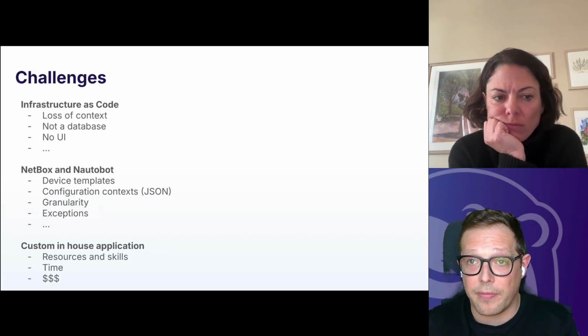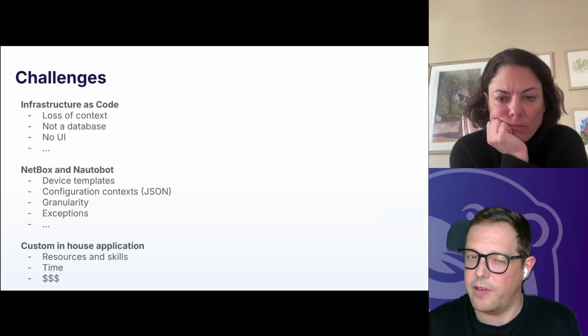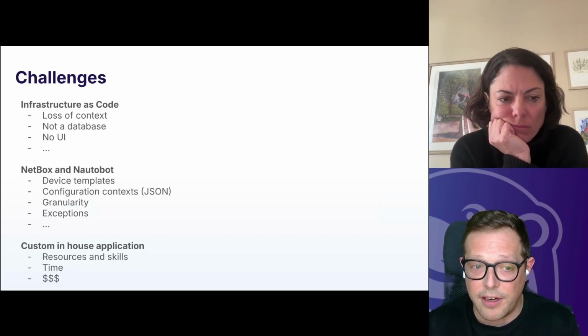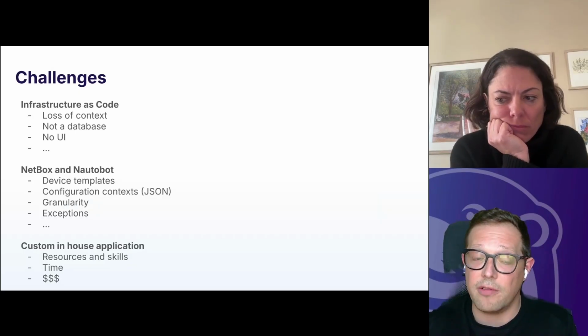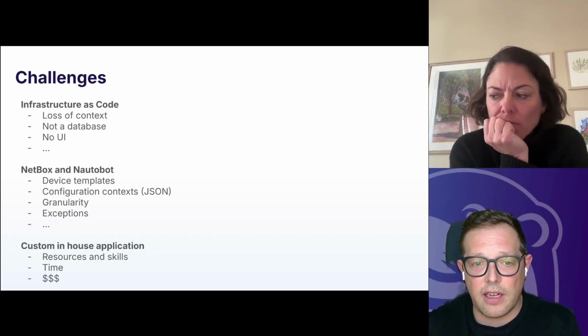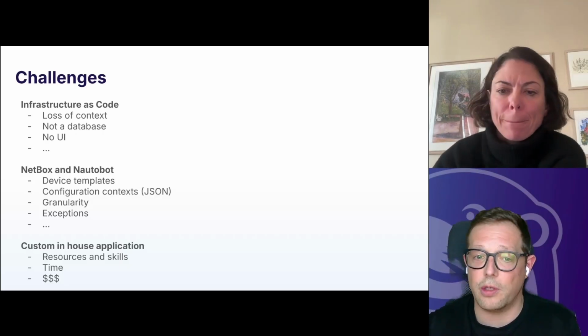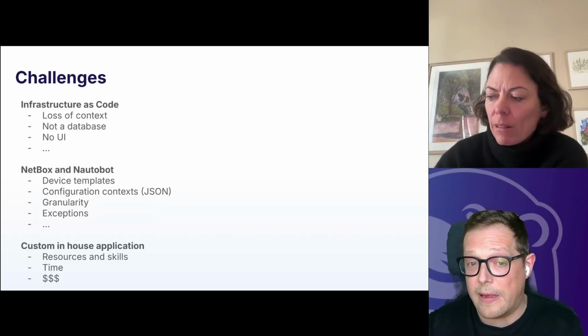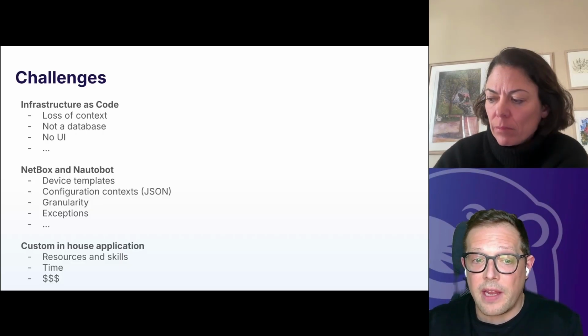set configuration standards for things that are not defined within their rigid schema is a configuration context, which is basically a JSON block where you can define your own data structure for specific configuration settings with their values.